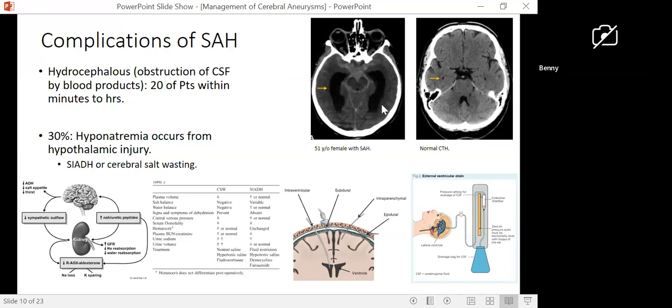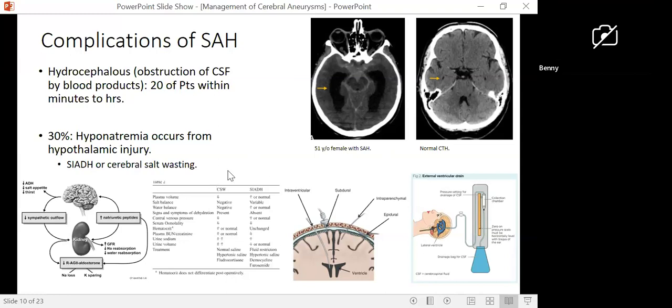Because of the increased pressure in your head, it can lead to severe neurological disability or death quickly. Hydrocephalus can develop in about 20% of patients, and it can start within minutes to hours.